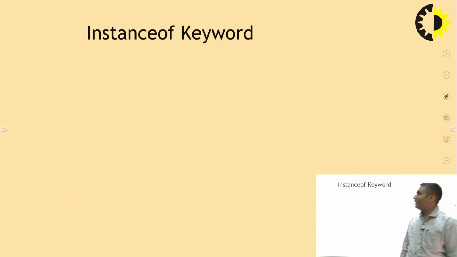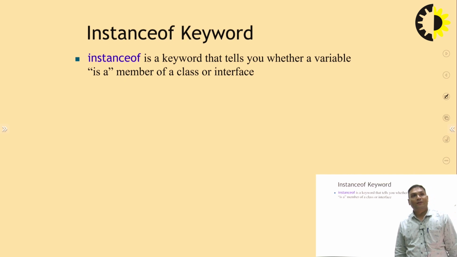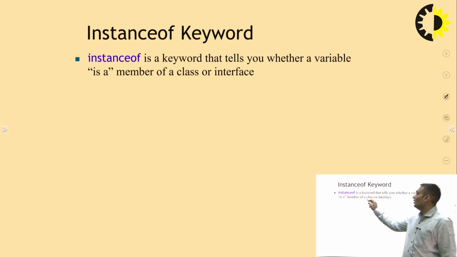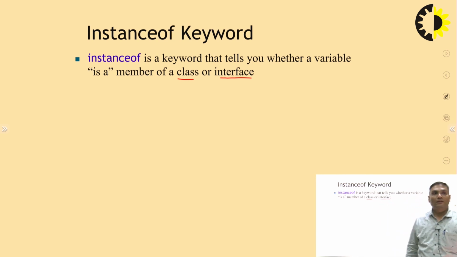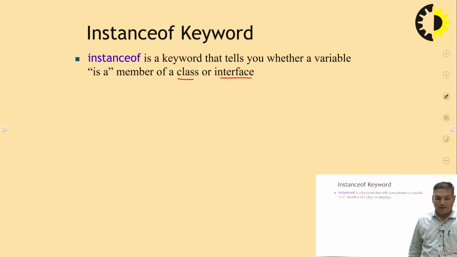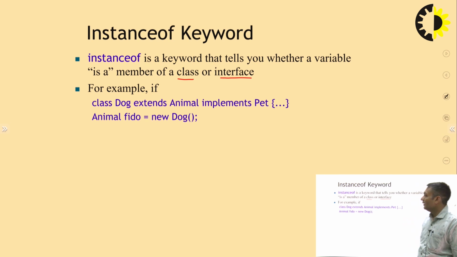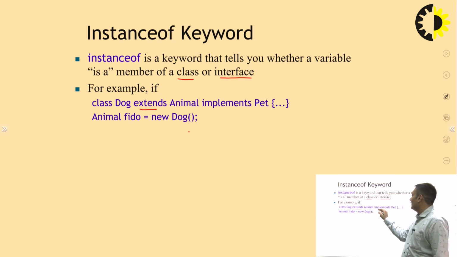Now, what is the instanceof keyword? The instanceof keyword will tell you whether a variable is a member of a class or interface. For example, I'm writing a class Dog that extends the Animal class and implements Pet.